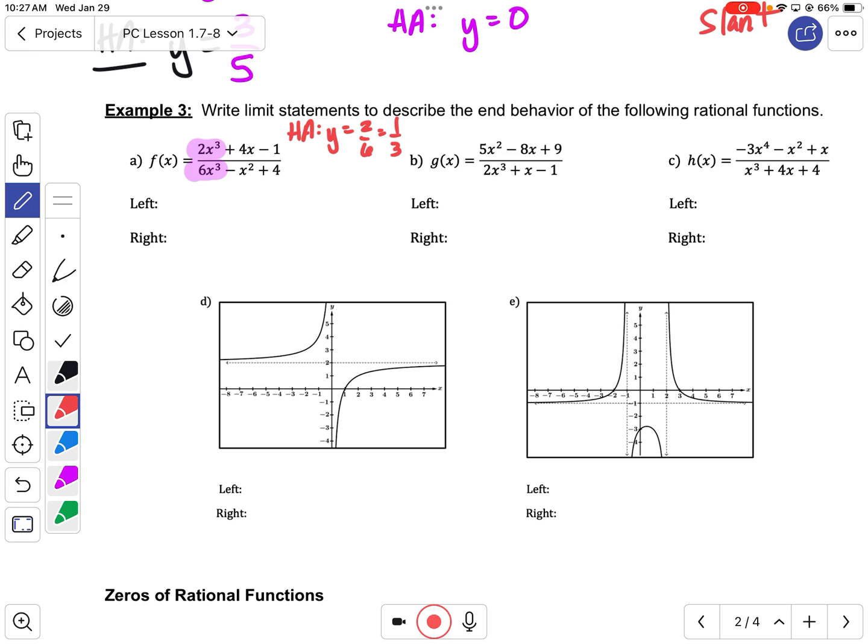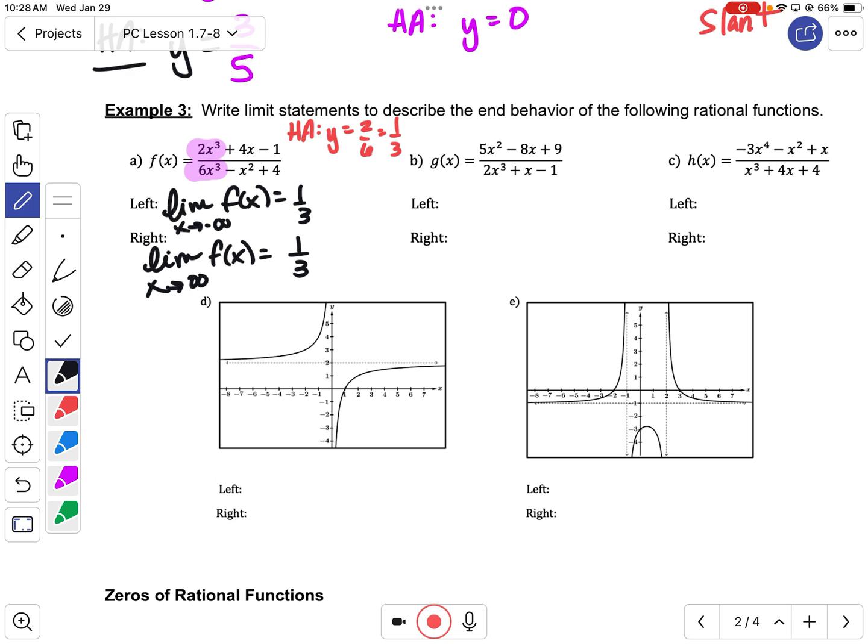You always want to reduce it. If I have a horizontal asymptote, my end behavior is the asymptote, always. So, limit as x approaches negative infinity of f of x would equal 1/3. Limit as x approaches positive infinity of f of x would be 1/3.